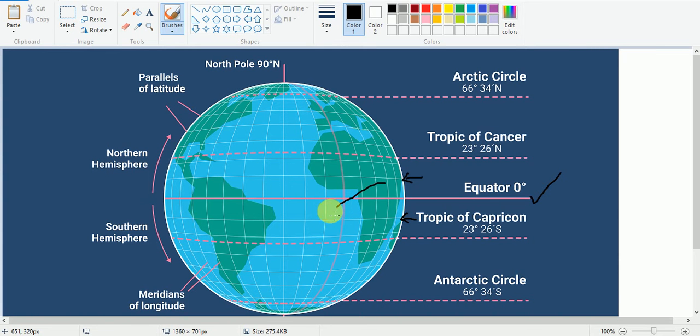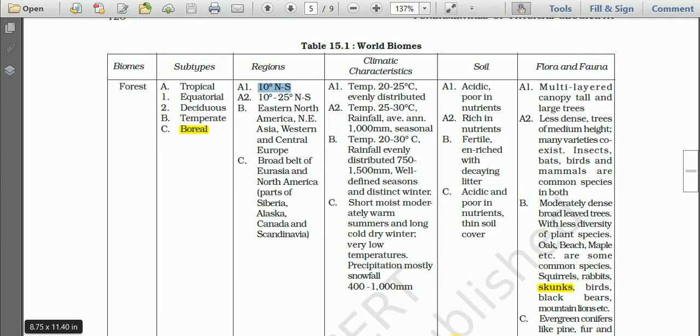So in this area, between 10° north and south, we find the equatorial forest biome, and between 10° and 25° north and the south, we have the deciduous forest biome.